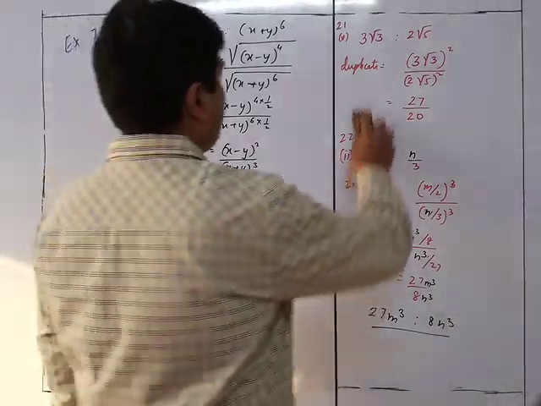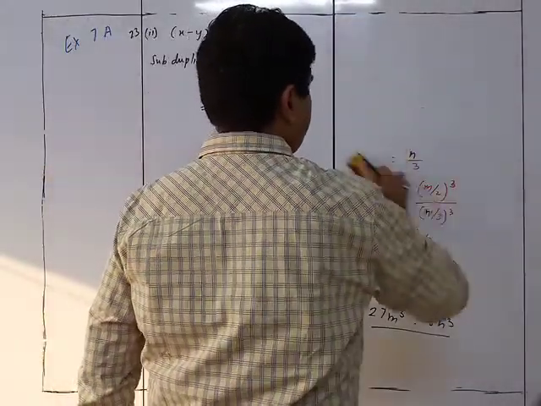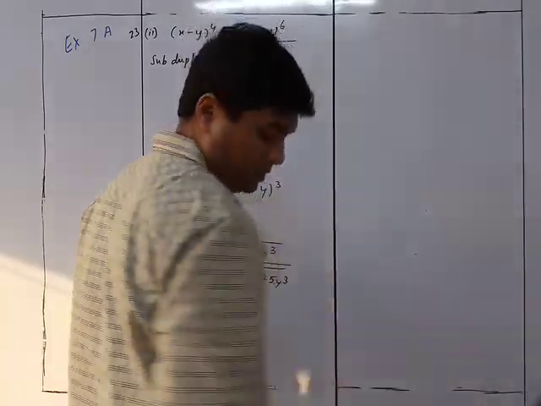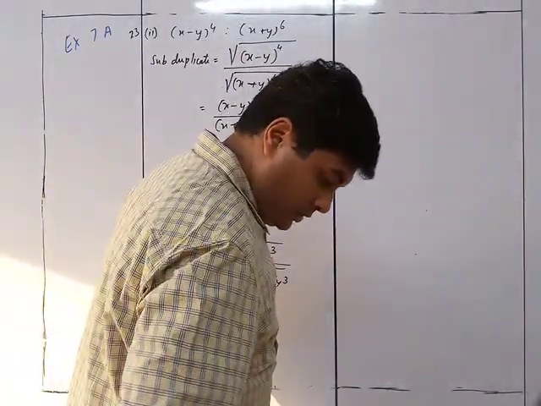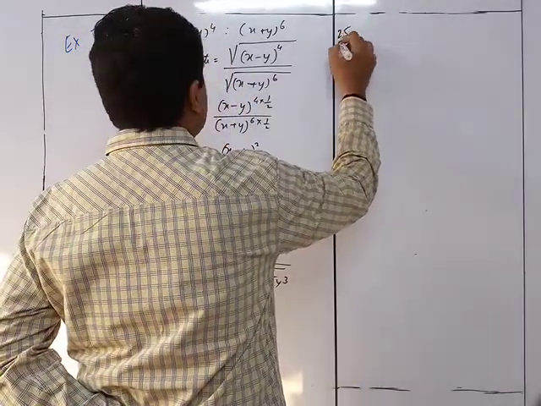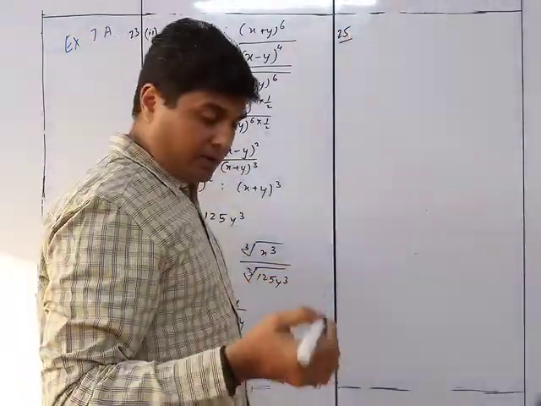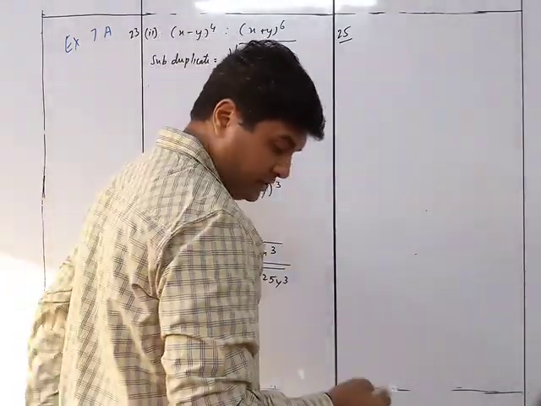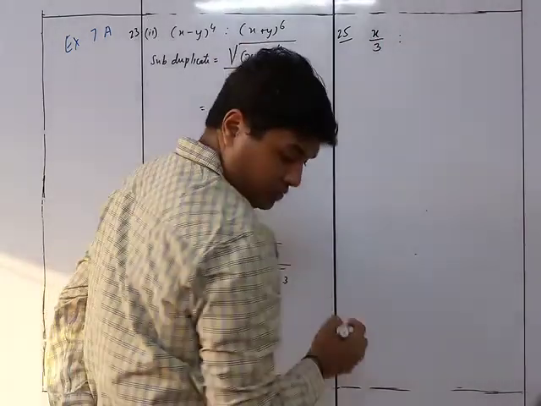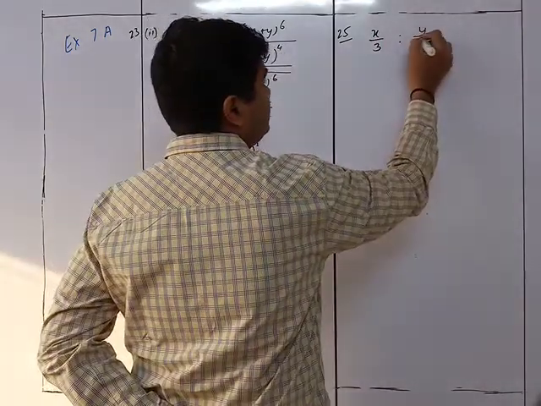Move on to sum number 25. Sum number 25, reciprocal ratio. Yeah, this was forgotten, I suppose, in the initial time. Reciprocal is just the reciprocal of that. So x upon 3 is to y upon 7.